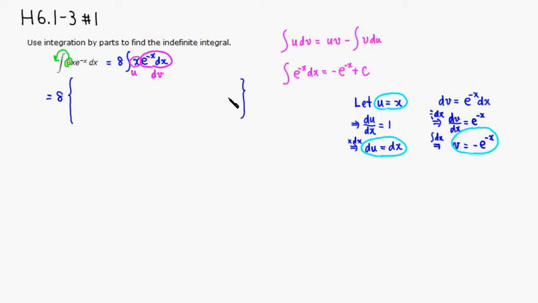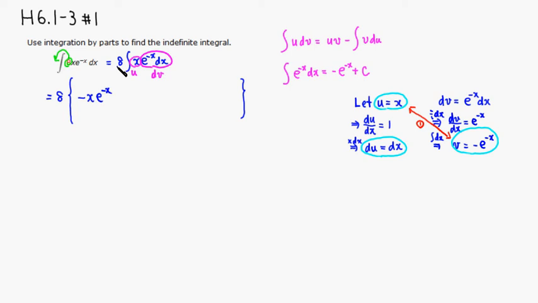I'm going to put uv: u is right here, and v is right here. We multiply those two together to get the first term: x times negative e to the negative x. So that would be negative x e to the negative x.